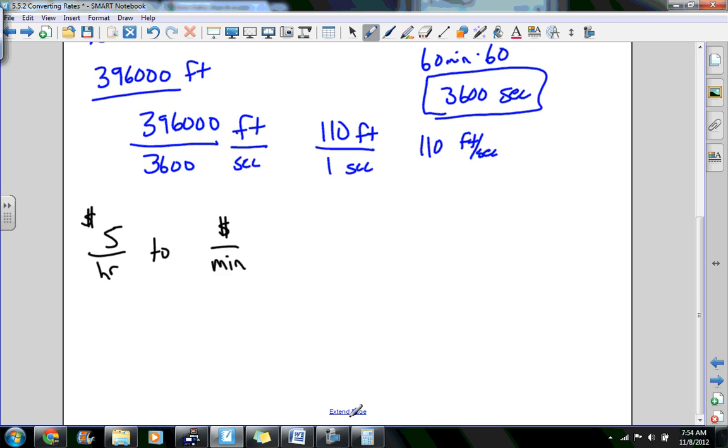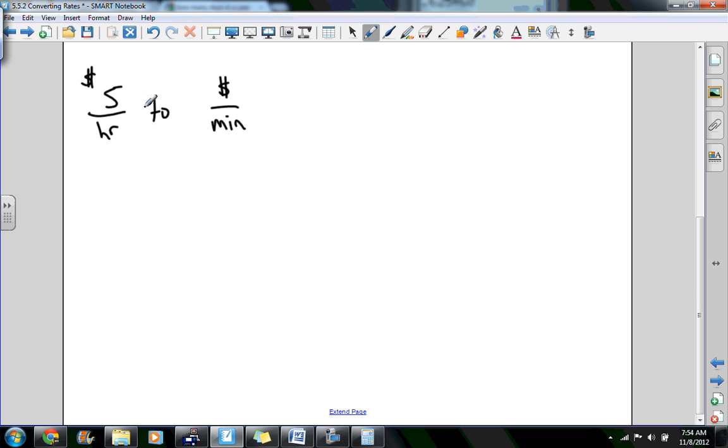Now on the bottom, we have $5 per hour to something dollars per minute. Okay, well, the $5 is going to stay. So we're good there. So we have to convert 1 hour to minutes. Well, that's 60 minutes.